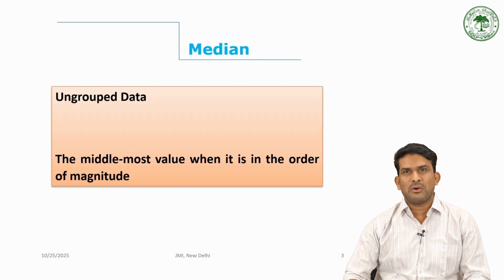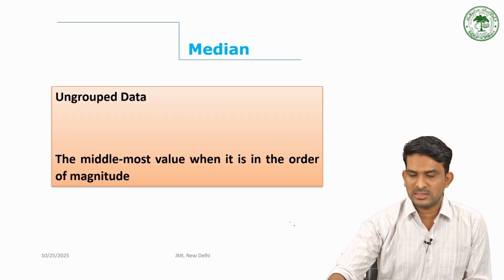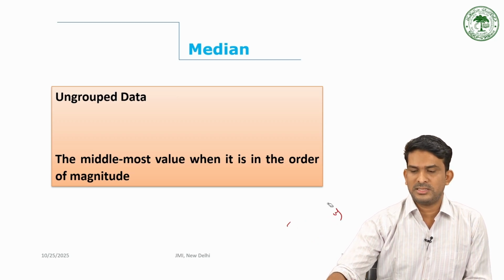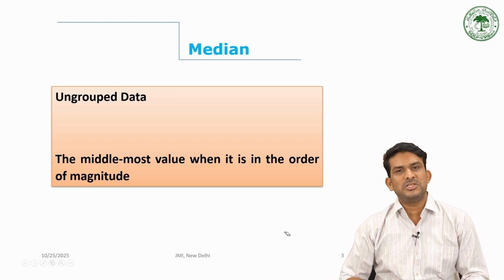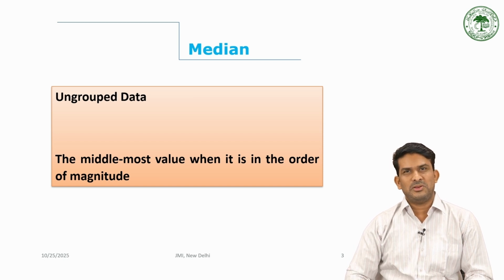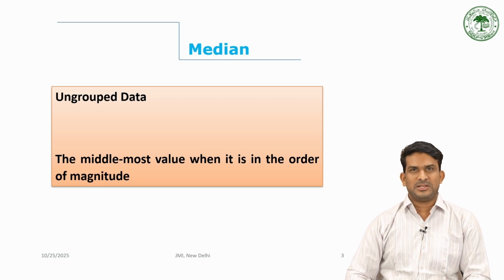What do you mean by order? There are two orders: one is ascending order and the other is descending order, right? Either ascending or descending order, you can arrange your data. Then you can find the middlemost value. This is the way of identifying median from an ungrouped data.